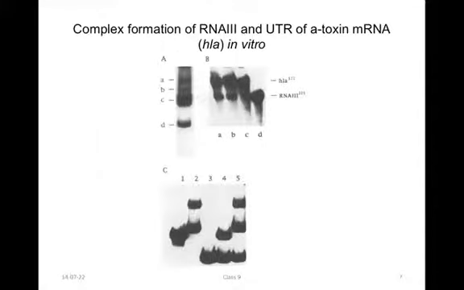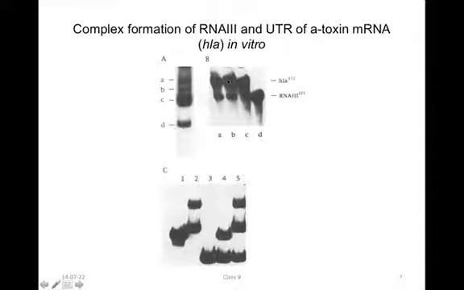The next slide shows the complex forming between RNase 3 and the untranslated region of the alpha toxin. So if you add all of your RNA, you get these 4 bands showing up.